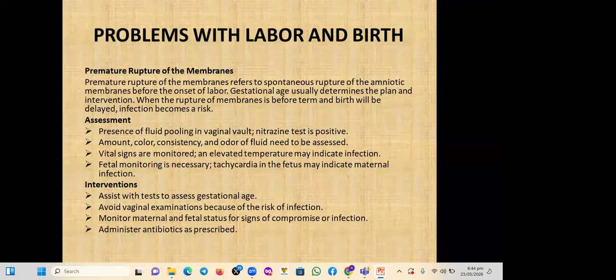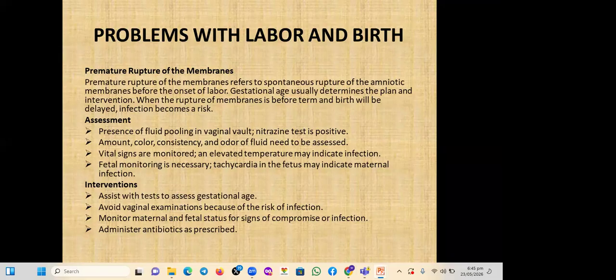When you test and get a yellow-green color change, it is not amniotic fluid, because amniotic fluid is alkaline in nature. If it is amniotic fluid, the color will change to green, blue-green or blue, because amniotic fluid is alkaline, and so the pH should be about 7 to 7.5. That should be the color change when you are using nitrazine.